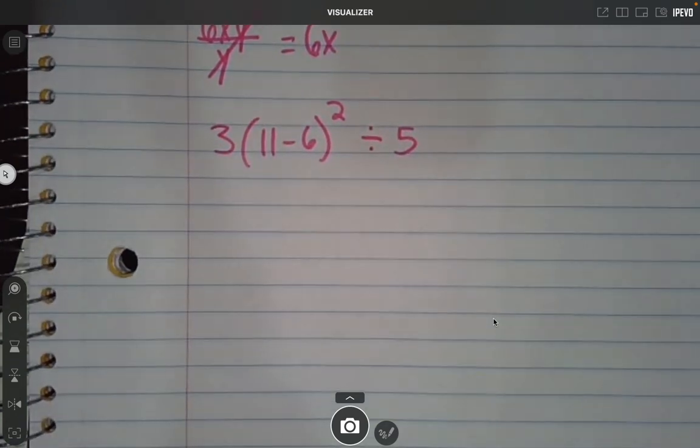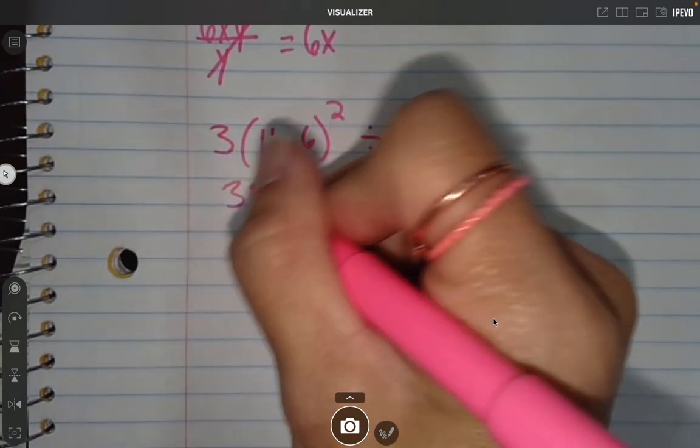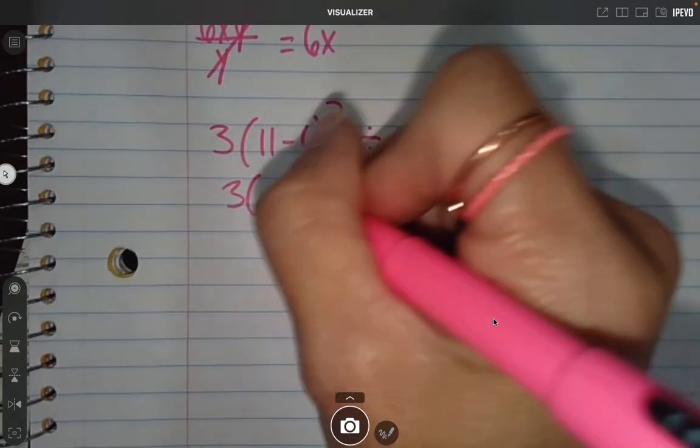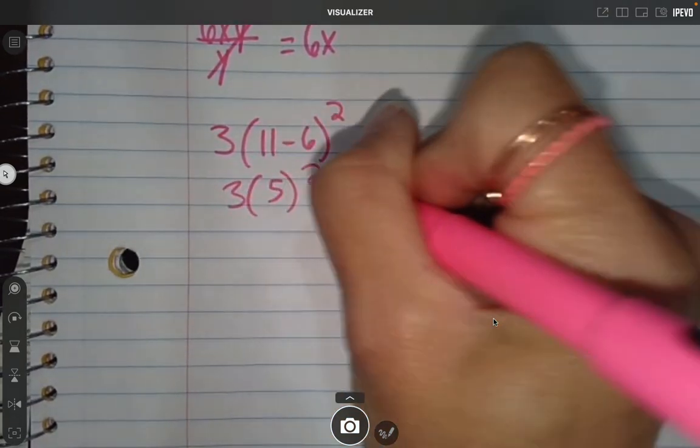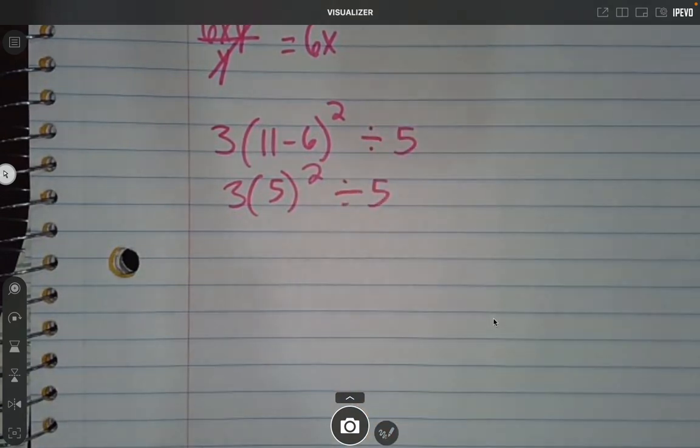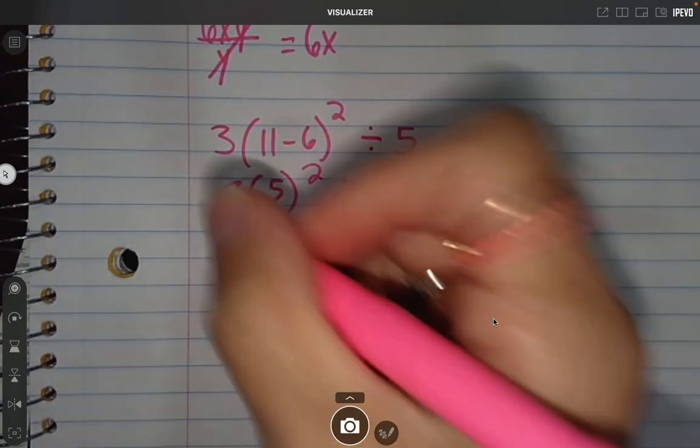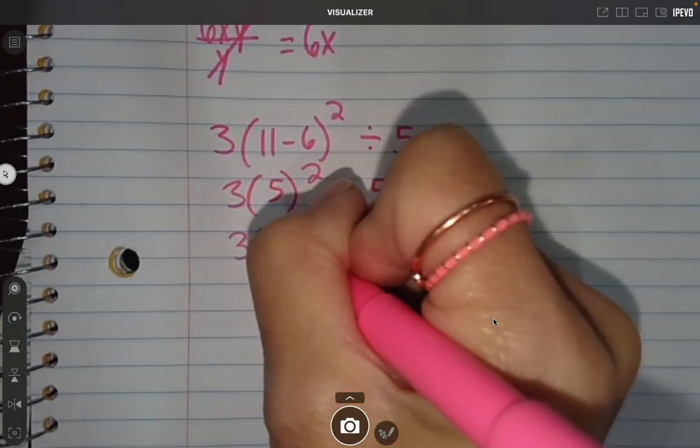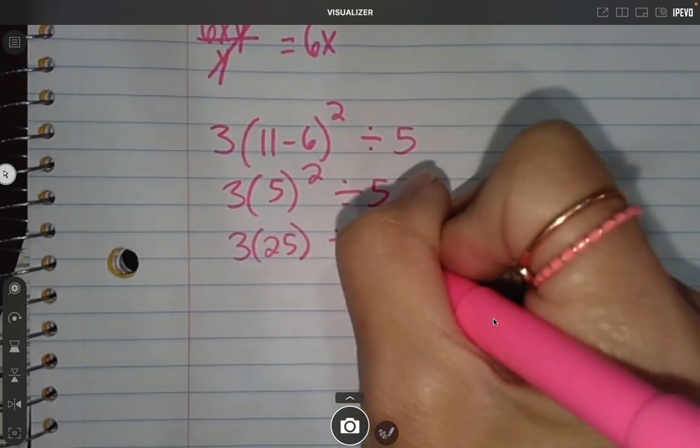Okay, parentheses. What's 11 minus 6? 5. Y'all are just being quiet. All right, then what comes next? After parentheses, it's exponents. So what is 5 squared? 25. So I've got 3 times 25 divided by 5.